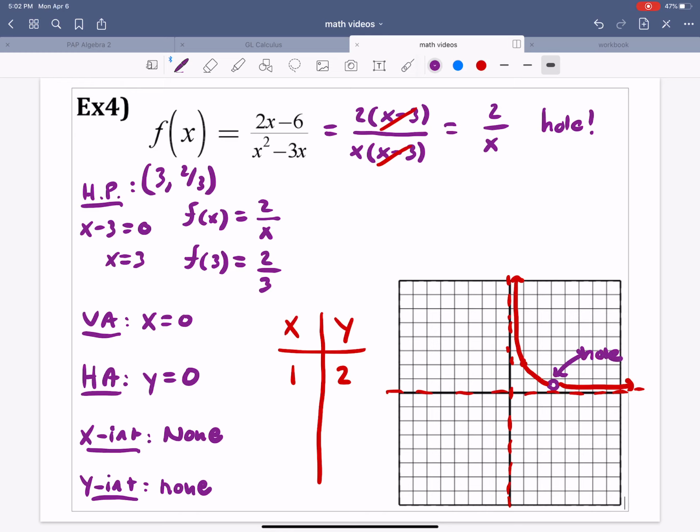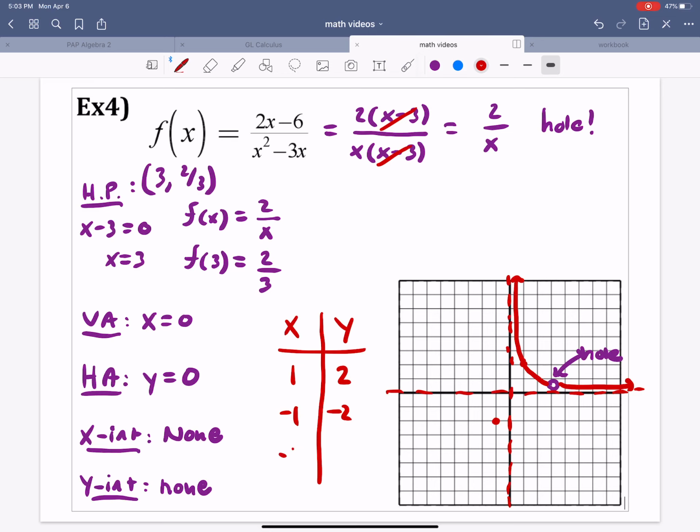Okay, so now, based on the location of the first branch, I know there's going to be another branch somewhere over here. But let's find a few points on there so we can make sure we draw it pretty accurately. So let's do x equals -1. That ends up giving me -2. And let's do, I don't know, let's do one more.